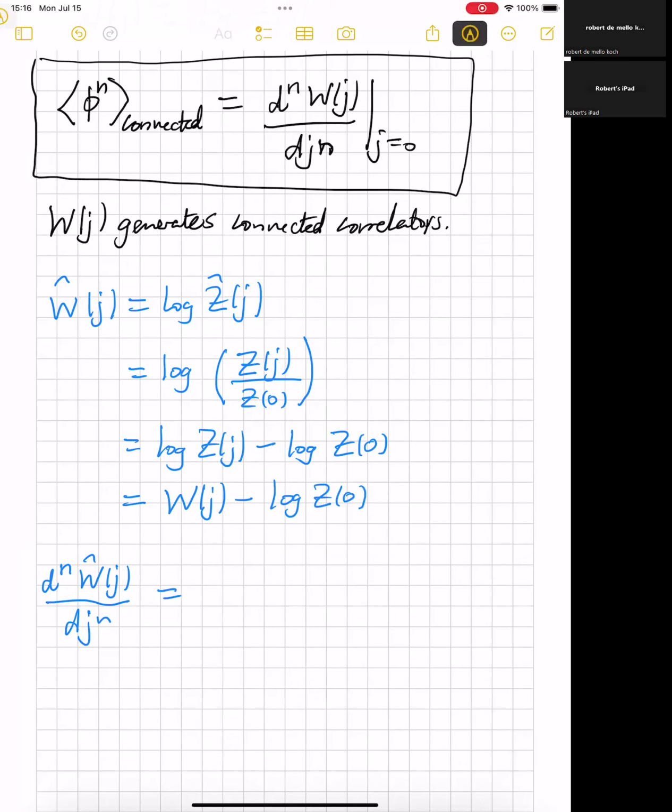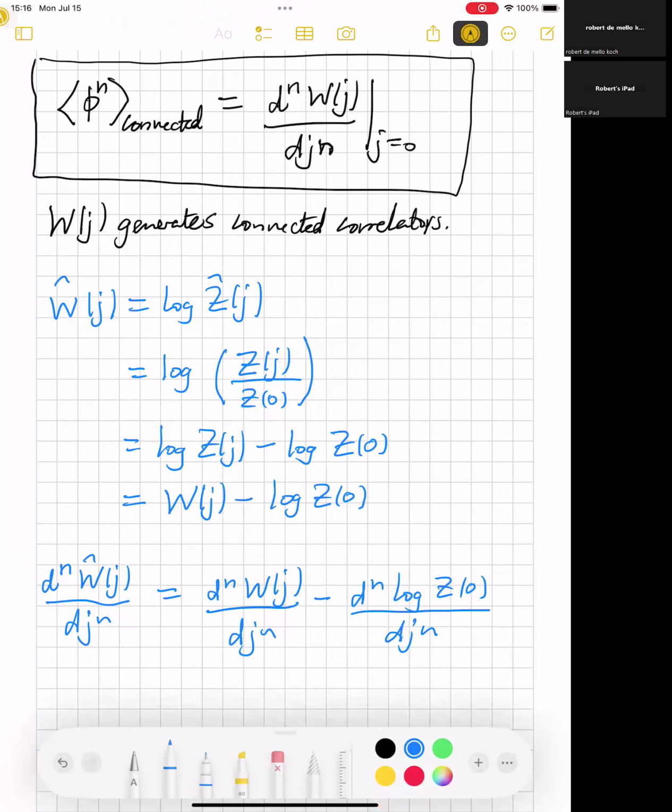So let's take these n derivatives. Well, obviously we need to take n derivatives of W of J, d J to the n, and then minus, we need to take n derivatives of the log of Z of naught, d J to the n. But the log of Z of naught is a constant because we've set J equal to 0.